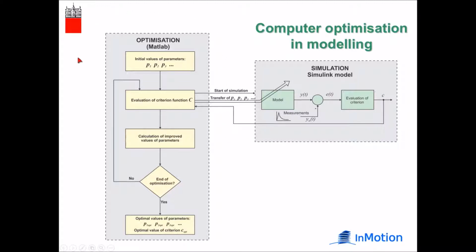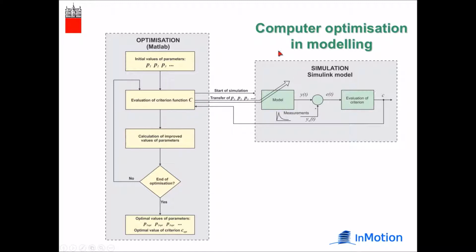So the main program works in the following way. At the beginning, we define initial values of parameters. Then the next step is to evaluate the criterion function C. This evaluation means actually a call of a MATLAB function.